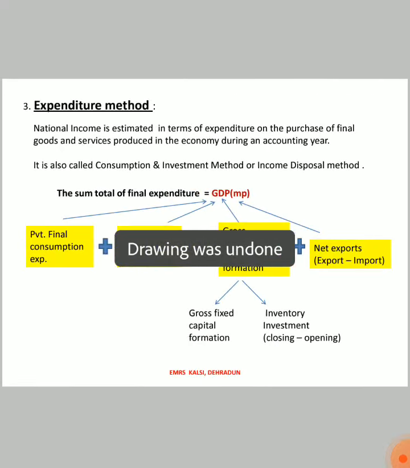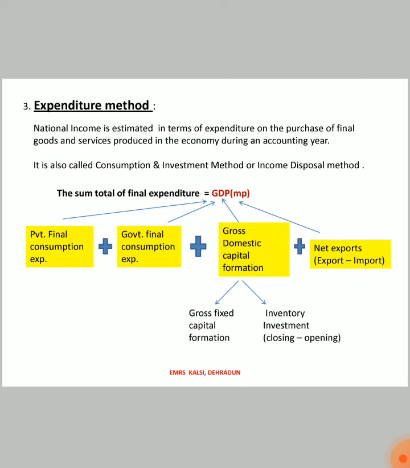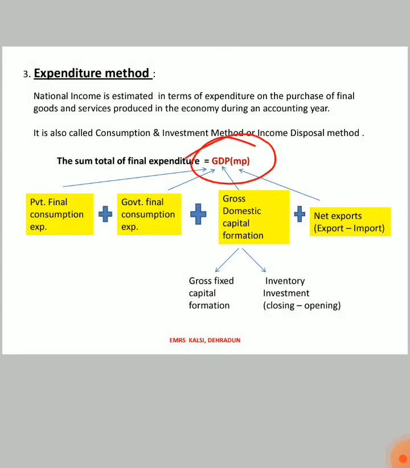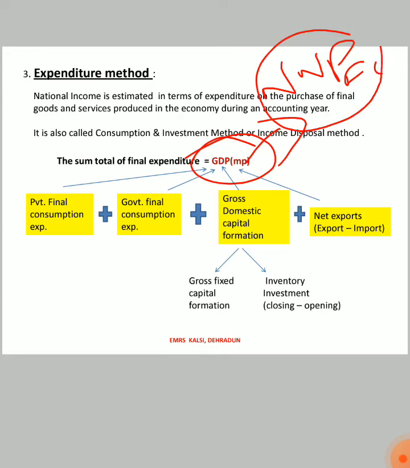After finding these 4 values, you add them and you will get GDP MP. After getting GDP, you already know how to convert it into NNP FC to find the national income. So this is a very direct method. The income method and expenditure method are very basic and easy. In exams, in CBSE especially, the value added method is asked most of the time.